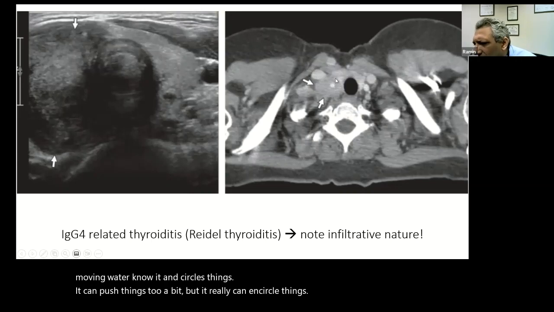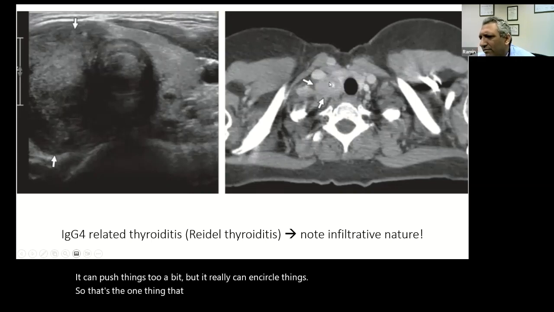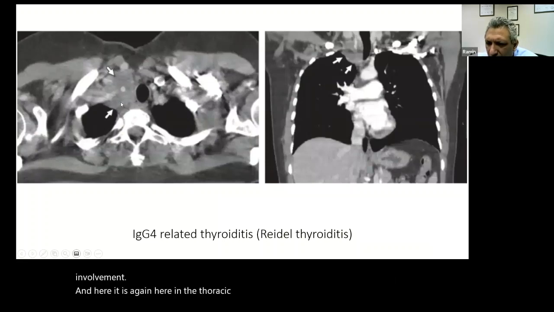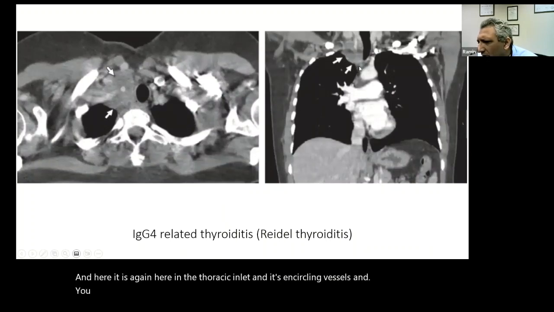So that's the one thing that you see. It's an infiltrative, uniform, featureless type of involvement. And here it is again in the thoracic inlet, encircling vessels, and you can see it nicely in the thoracic inlet.